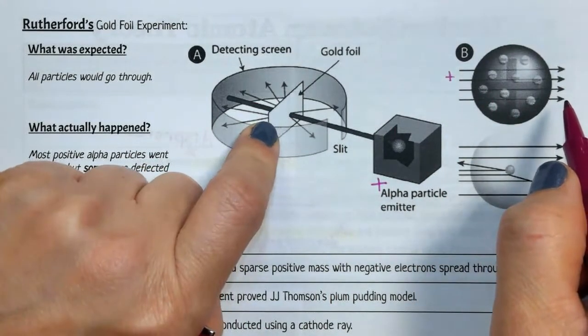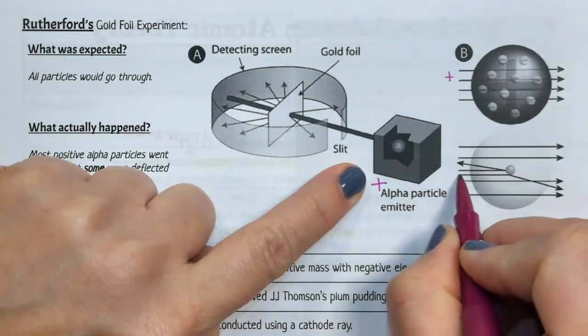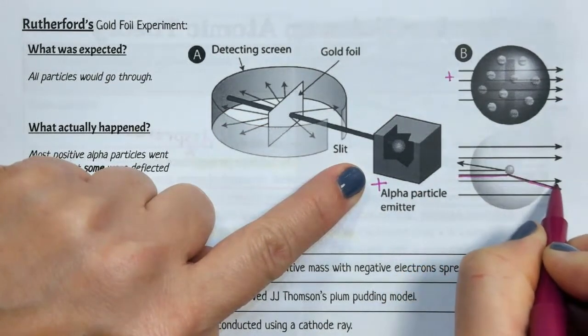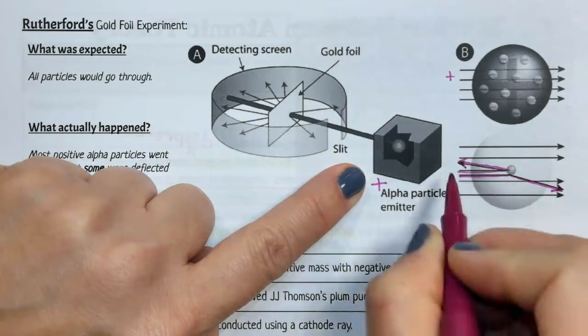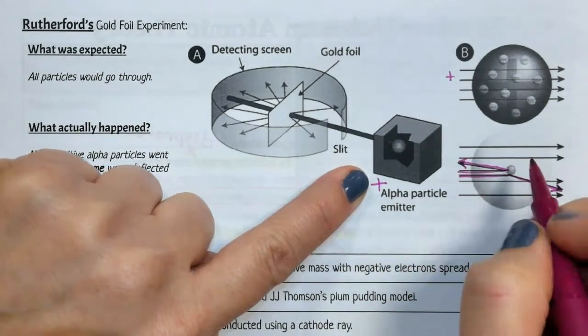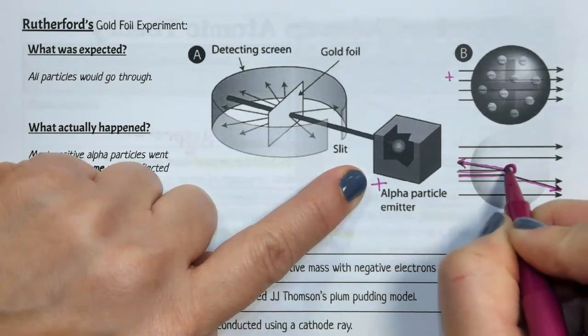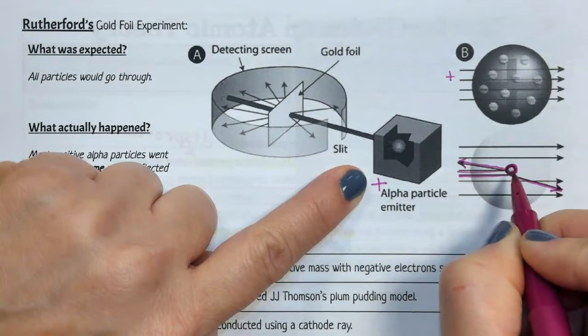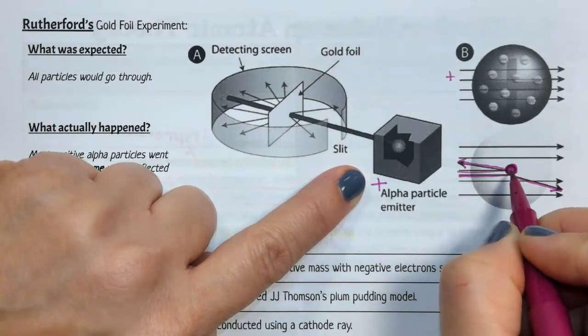But since they did not all go through the gold foil, some of them were deflected sideways, some of them even reflected backwards, and because of this, Rutherford proves that actually all the positive is concentrated in the center in a dense positive mass called the nucleus.